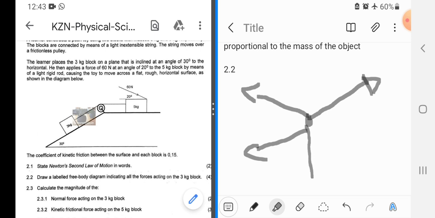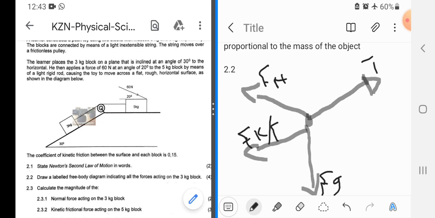And then we can just do it like this, and then this will be gravitational force. No, it's still fine like this, guys. We have tension, and then we have Fn, and this side we have Fk or Ff. Frictional force or kinetic force, whichever one you choose, it's okay.